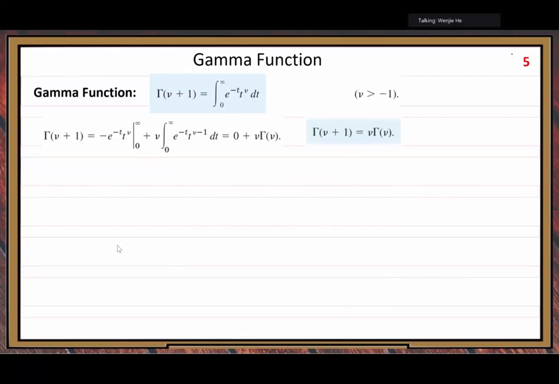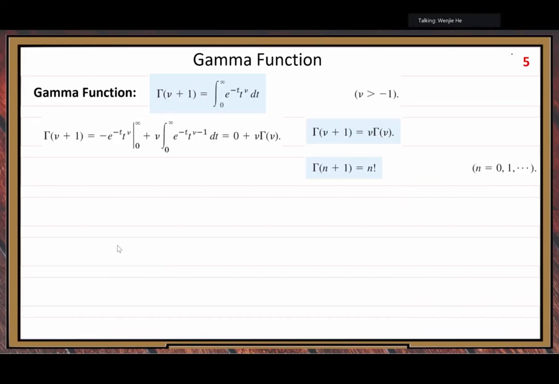So this is your recursion formula for the gamma function, for nu any real number greater than -1. But in the special case when nu equals a non-negative integer, you have the factorial. The gamma function equals the factorial.